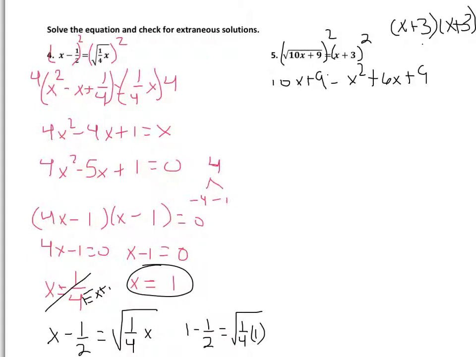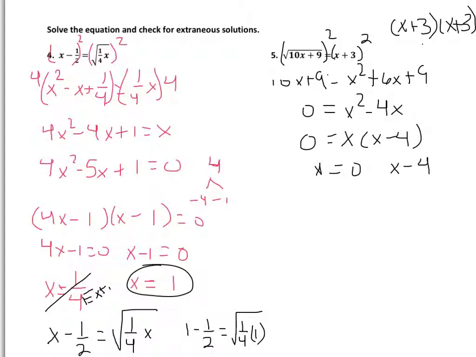So subtract those over. So I'd go factor it. So I get x equals 0. x minus 4 equals 0. x equals 4. So check for extraneous.